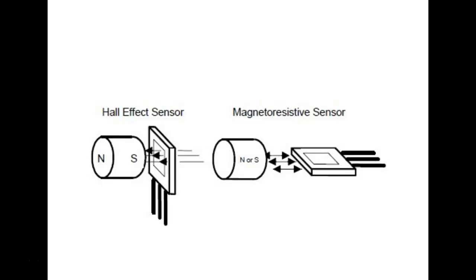These are the two big differences. It depends on how you need to mount your sensor, and that determines whether you use the magnetoresistive or the Hall effect. So, questions on those two?